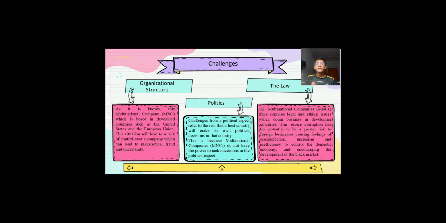Third, corruption can also directly cause instability in the political process. Severe corruption has the potential to be a greater risk to foreign business, causing feelings of dissatisfaction, unrealism, and inefficiency in controlling the domestic economy and encouraging the development of the black market.